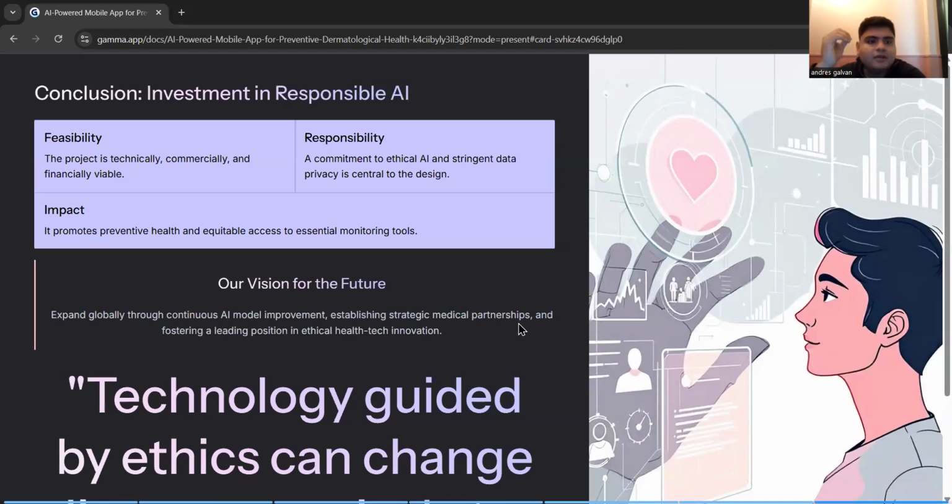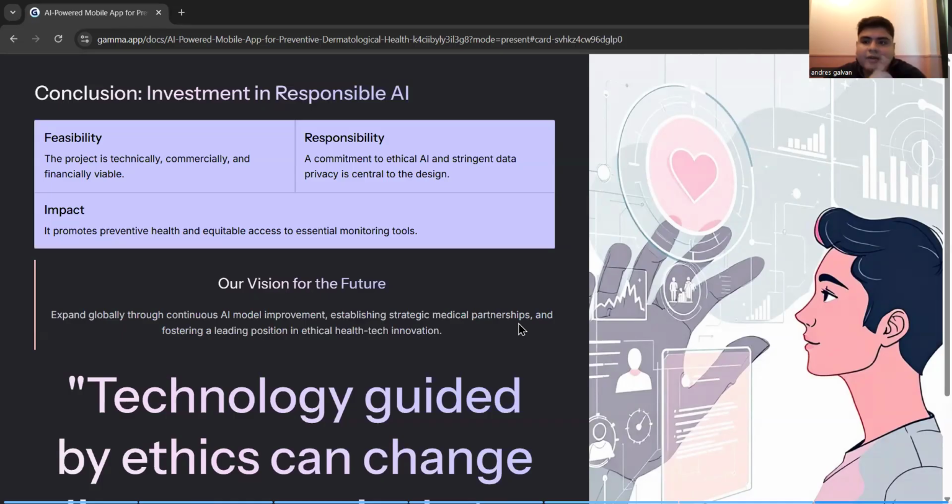So now I would like to conclude this project: this investment is for tech, commercially, and fundamentally valuable. Also, the responsibility is a commitment to ethical AI.